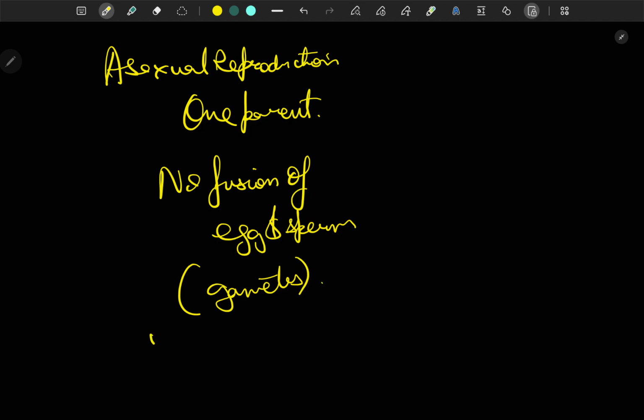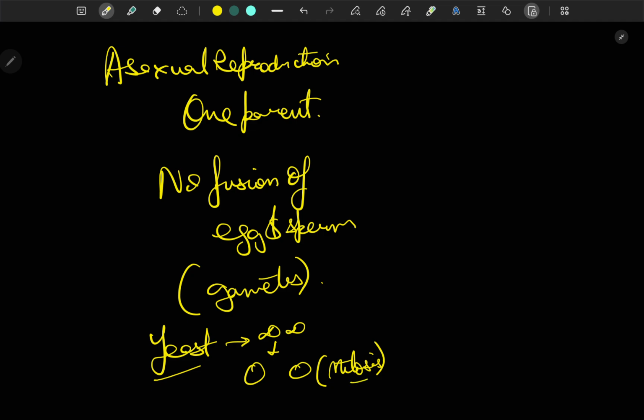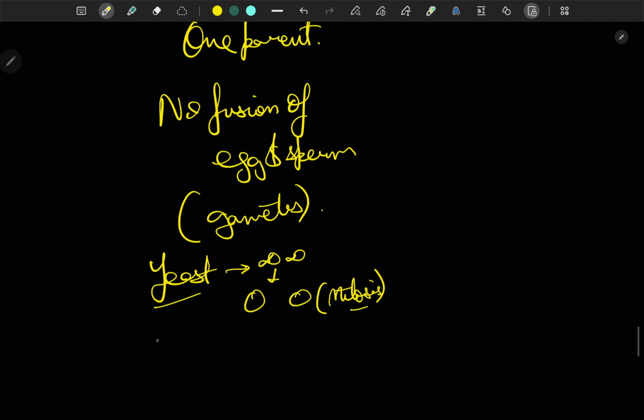For example, a single parent like yeast copies its DNA and splits into two. This is done by mitosis.